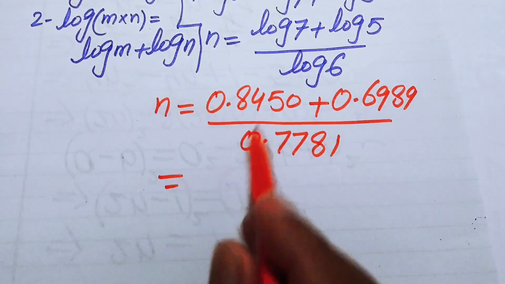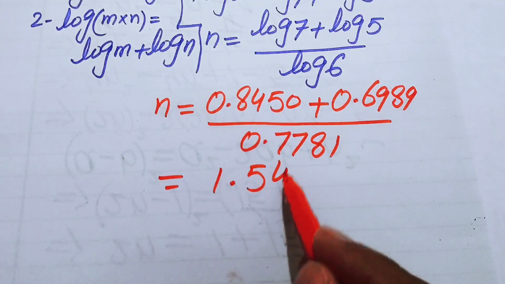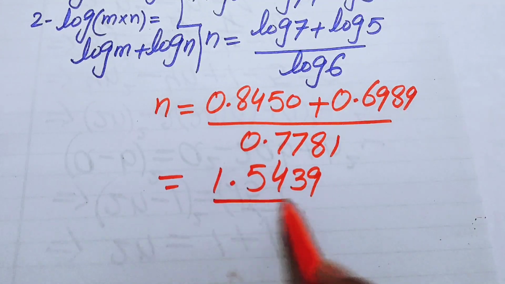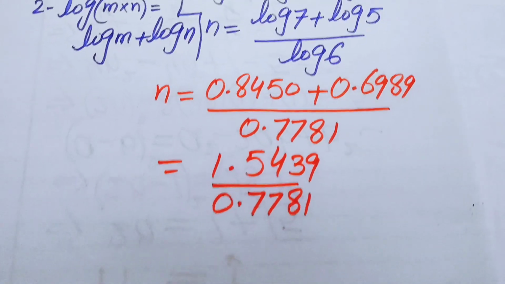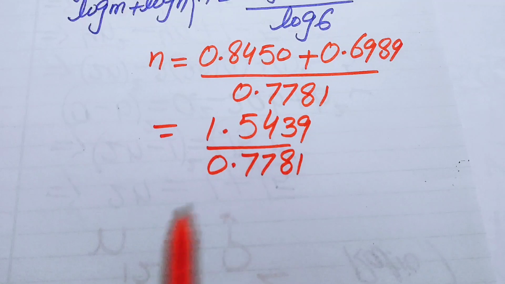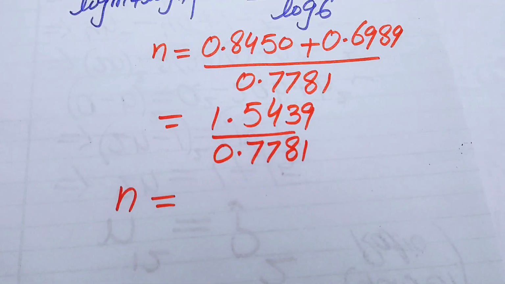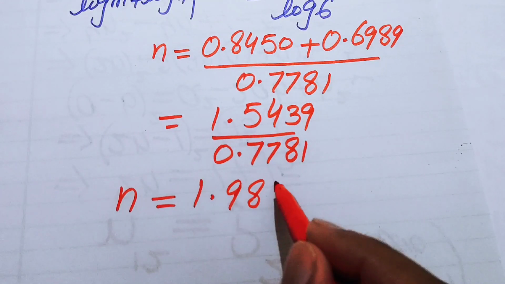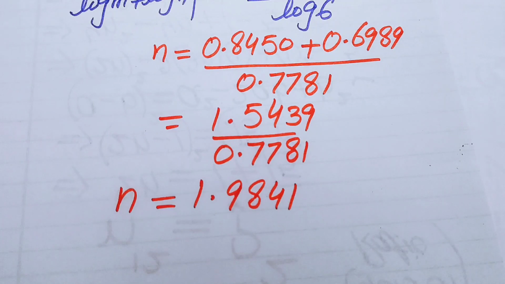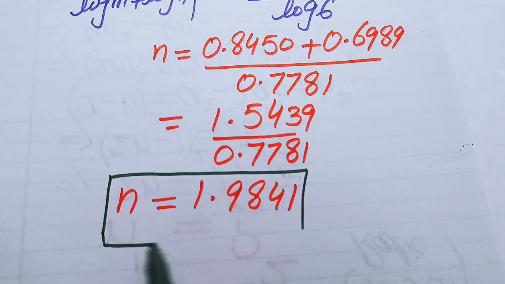When you add the upper two values, then you get 1.5439 over 0.7781. So now we just divide these two values and you get n equals 1.9841. So this is our final value and this is our final answer.